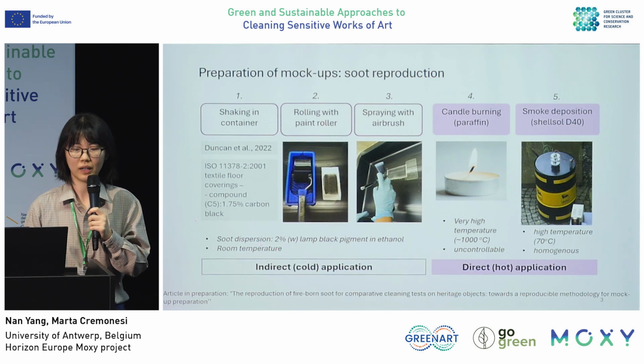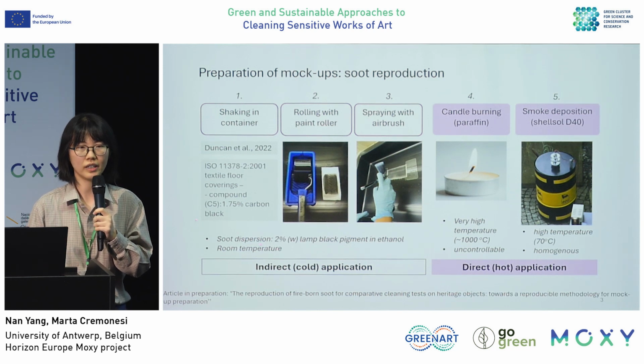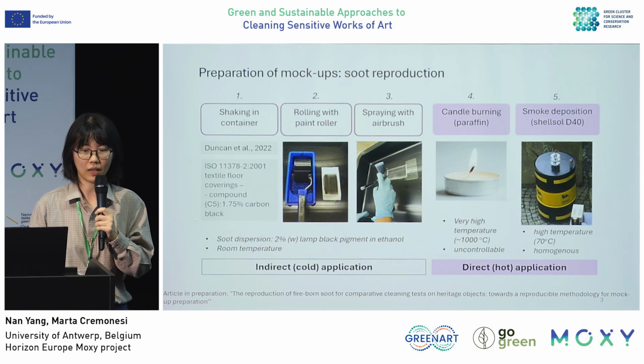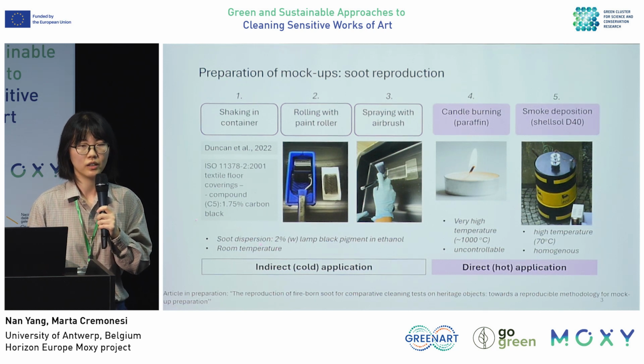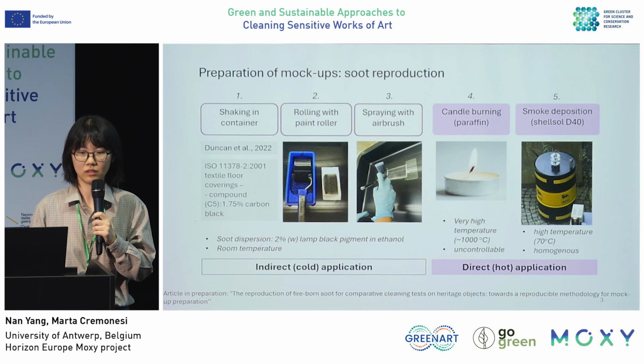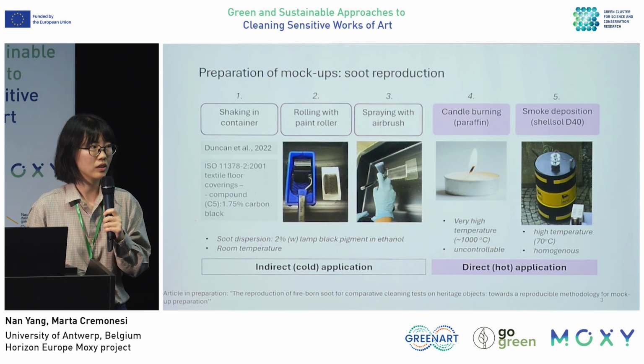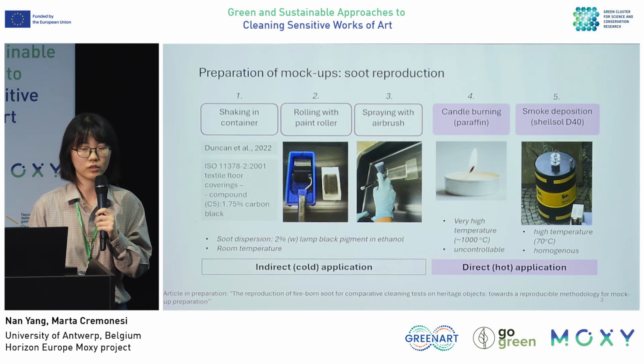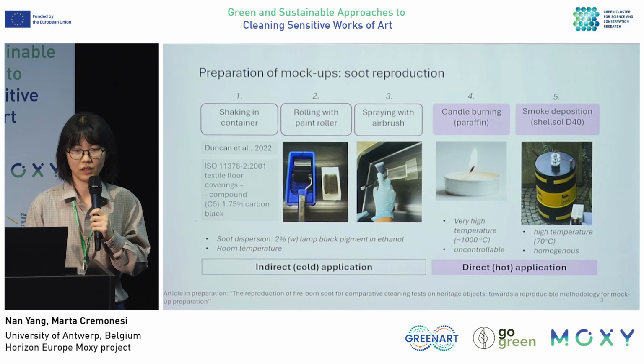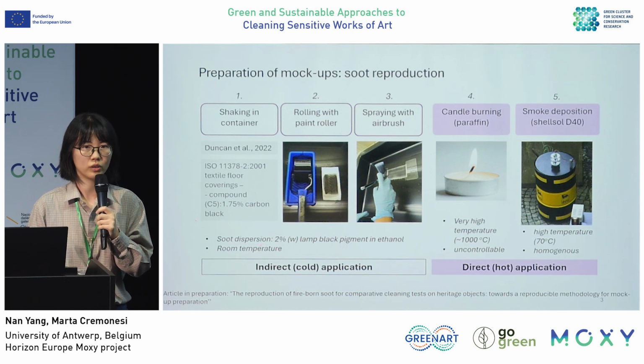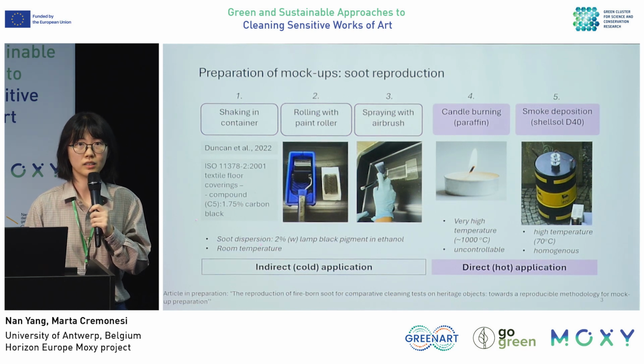These 3 methods are so-called indirect cold applications because we applied the soot in the form of a soot dispersion in ethanol. The soot we are using here is supplied by Kremer. It has a higher crystallinity compared to real fire soot. And all these 3 methods were applied at room temperature.